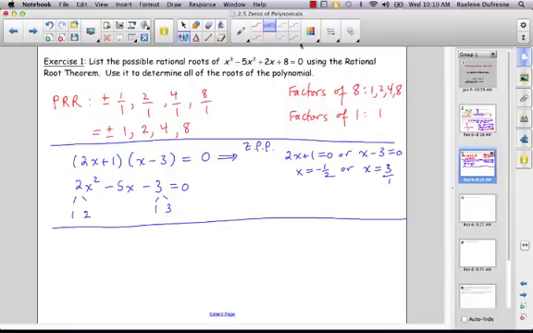So what we need to do is test each of these values until we get one x value that makes the equation true. The easiest value to test is always going to be x equal to 1.